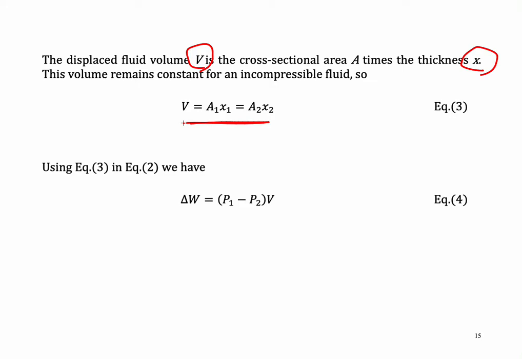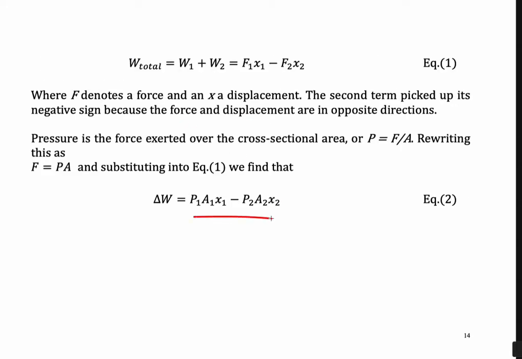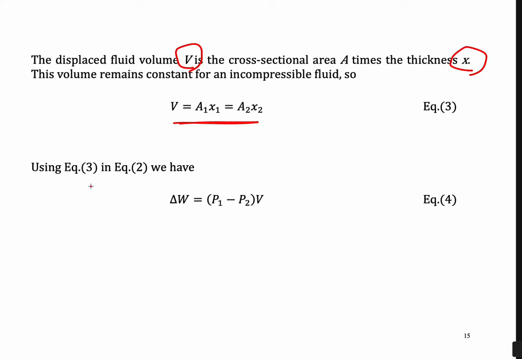And then we could replace this into the equation, so we find equation 3. Based on equation 3 and equation 2, we have delta W, the work done in the system, equal to P1 minus P2 times the volume. We denote this one as equation 4.